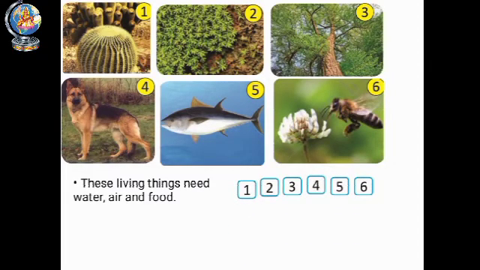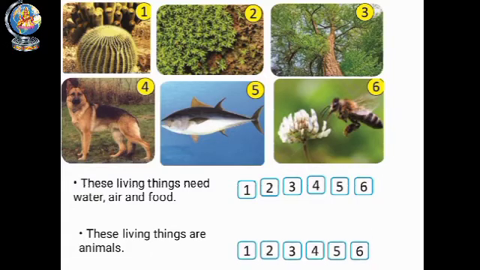These living things need water, air and food. Now from 1 to 6, which living thing needs water, air and food? So every number, 1 up to 6, they all need water, air and food. Let's see the second question.